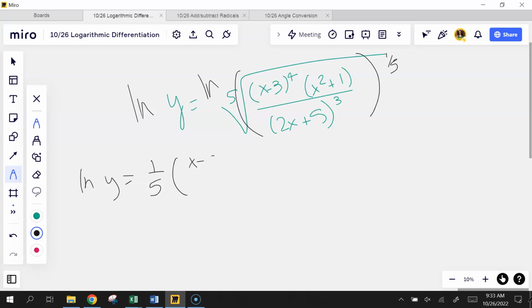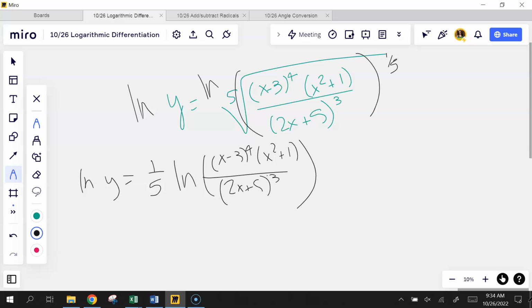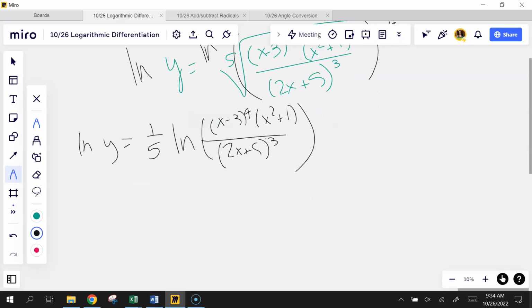Now I have 1/5 times the log. Now I know that whenever I'm dividing, I can subtract, right? So this is really log y equals 1/5 times the log of x minus 3 to the 4th.